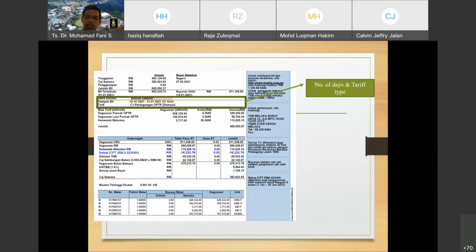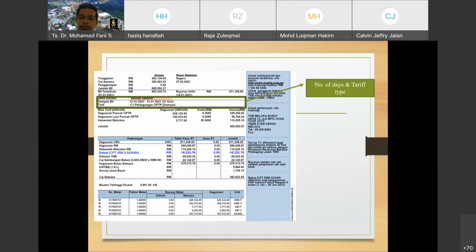So OPTR is basically the scheme offered by TMB for the C1 or E1 consumer to try to improve the load factor, which is the ratio of energy consumption over maximum demand multiplied by the time and the days in one month.